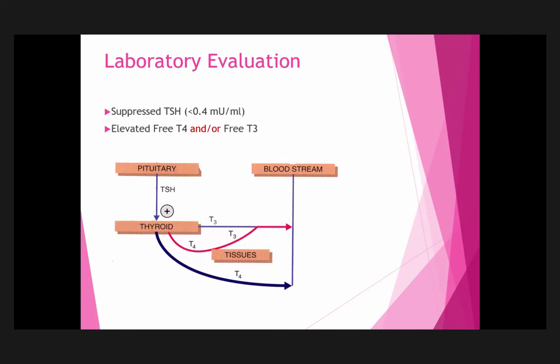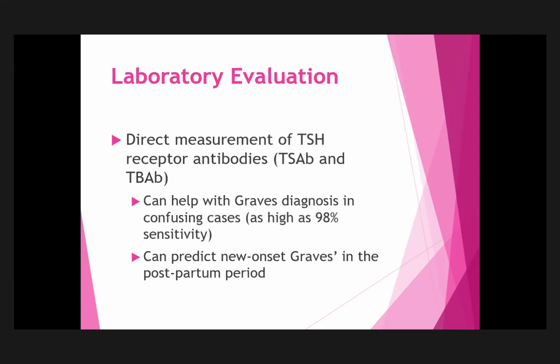How to do that? You need to know its pathogenesis. Pathogenesis is an autoimmune disease. Autoimmune disease means you may directly measure TSH receptor antibodies. TSH receptor antibodies may help you to identify Graves' disease.